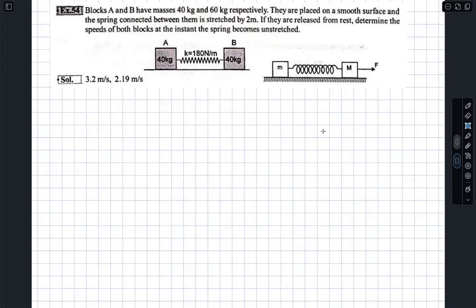If they are released from rest, determine the speed of the blocks at the instant the spring becomes unstretched. Very simple. Same, whatever I have done above, I need to do the same. Only thing is, A is 40 kg, B is 60 kg.